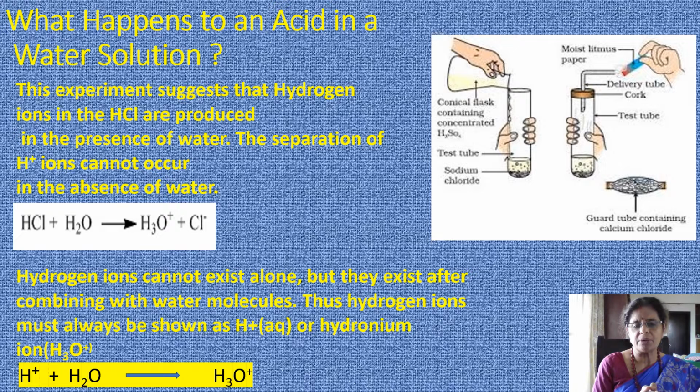Hydrogen ions cannot exist alone, but they exist after combining with water molecules. Thus, hydrogen ions must always be shown as H plus ions or hydronium ions like H3O plus. H plus plus H2O gives H3O plus.